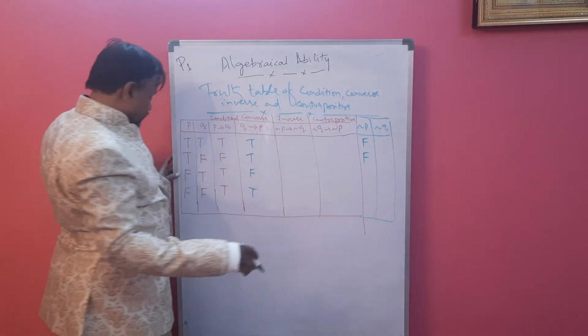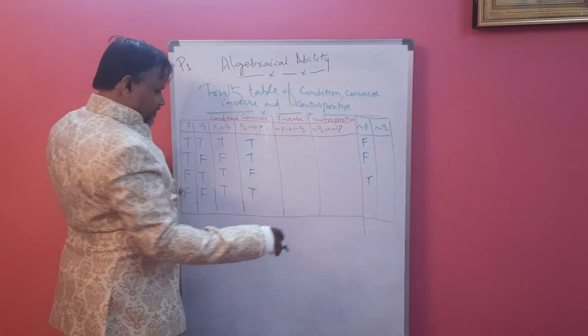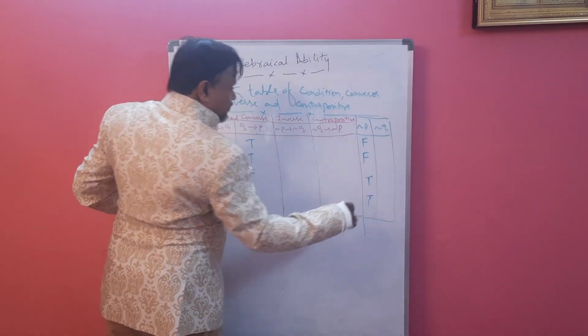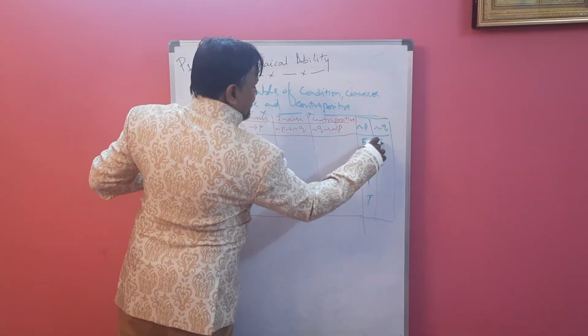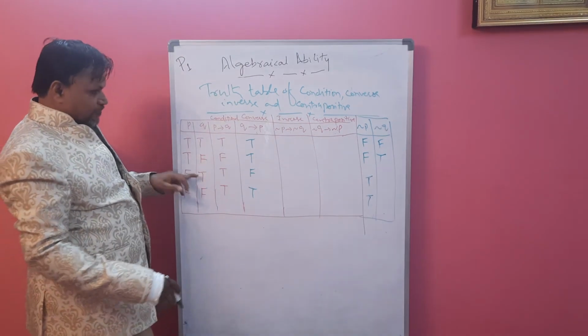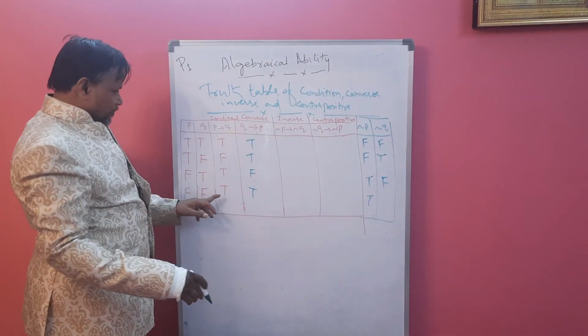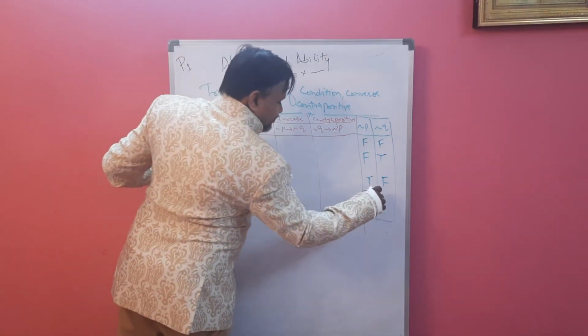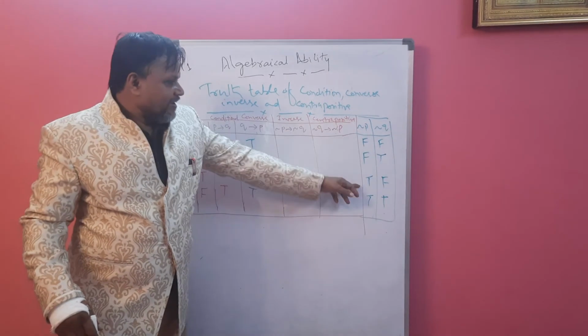For true, false; for false we will get true, this also true. For Q, negation of this is false, negation of this is true, negation of true is false, for false is true.